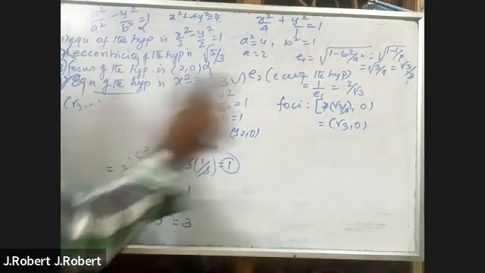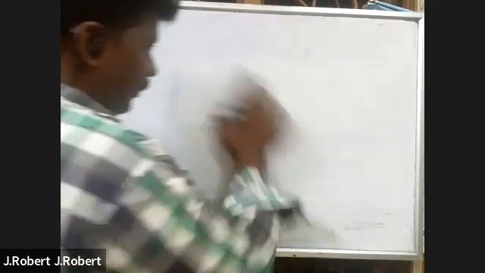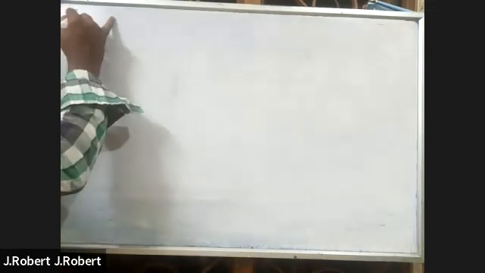Again I repeat the question: we have to find the area of the circle. We all know the area of the circle formula is pi r square.